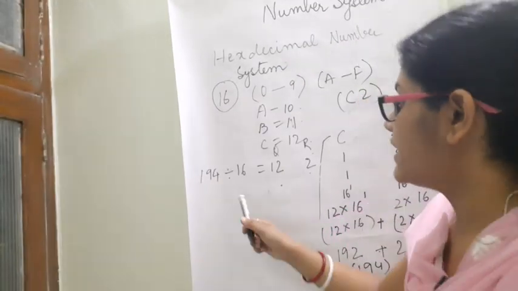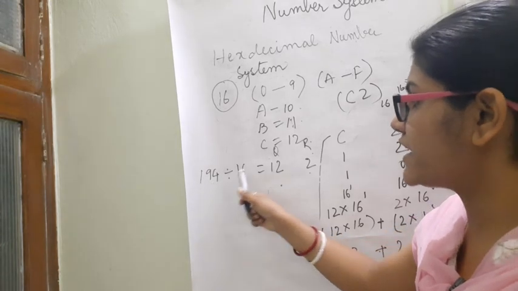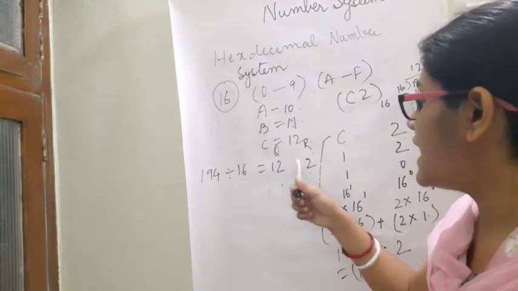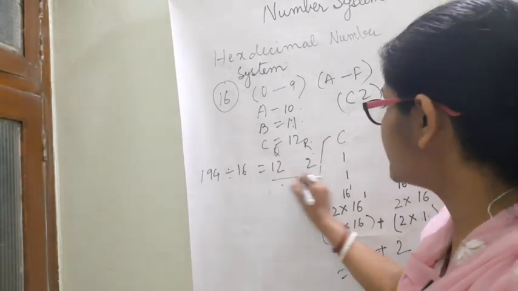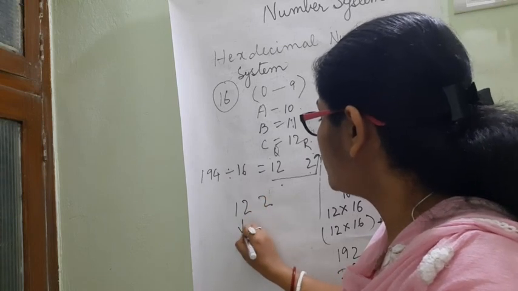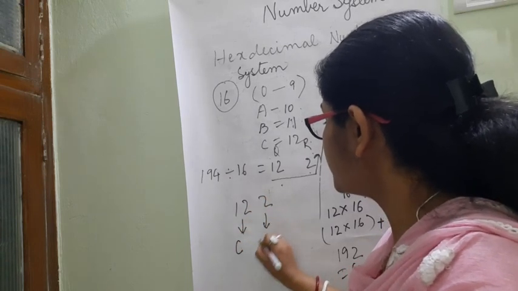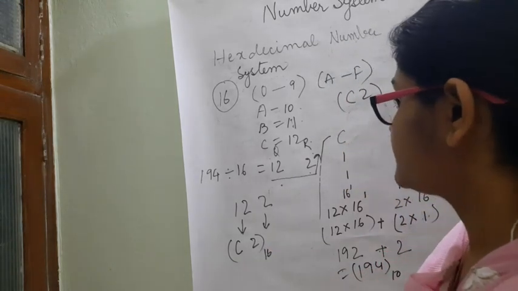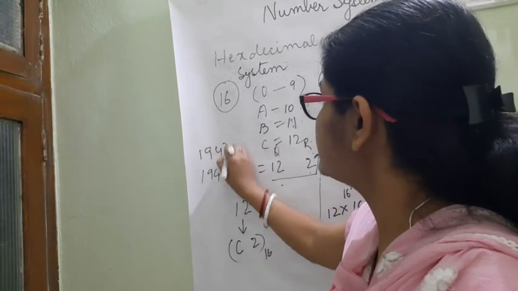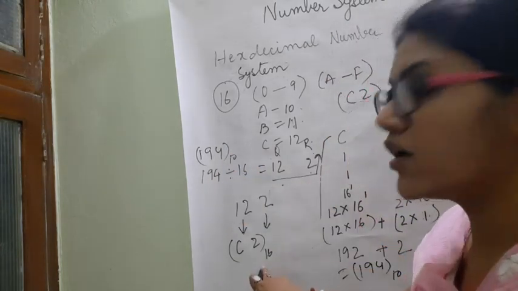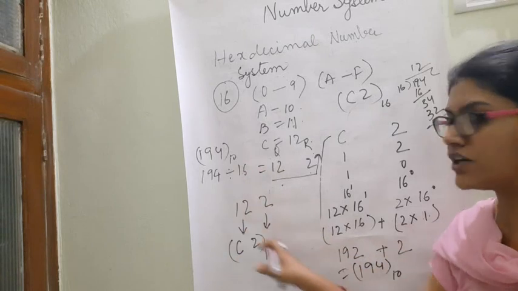The quotient is 12 and the remainder is 2. So we already have the answer: 12, 2. The value of 12 is C, and then 2. It is base 16; it was a base 10 value. We have divided this and got the answer. It means the calculation was right.